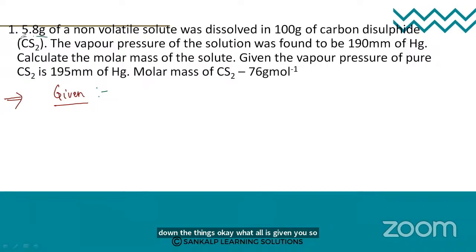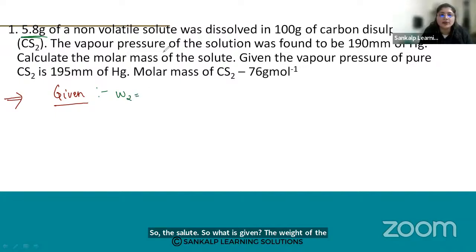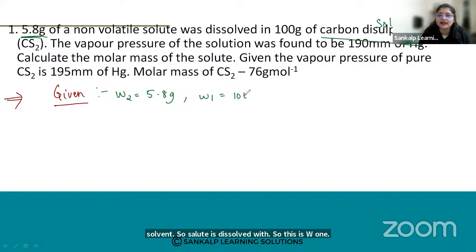The weight of the non-volatile solute is given as W2, so W2 is equal to 5.8 grams, which was dissolved in 100 grams of carbon disulfide. Carbon disulfide is the solvent, so this is W1. The weight of the solvent is 100 grams.